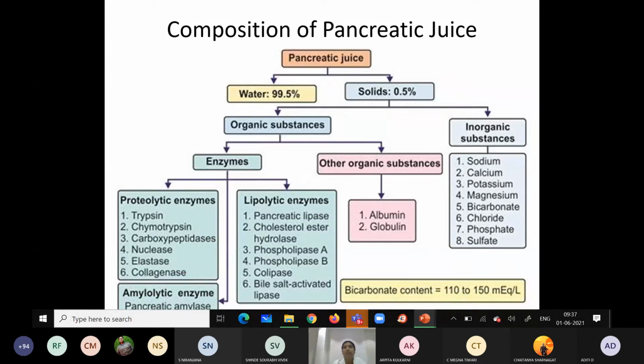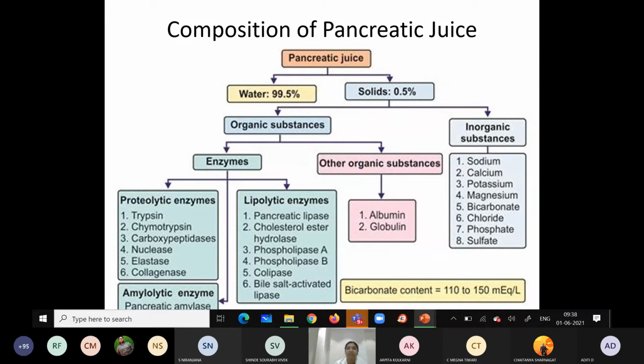But to put it another way, pancreatic juice depends basically on the digestion of lipids. So lipolytic enzymes come in first position, second is proteolytic enzymes, last is the amylolytic enzyme, because if you remember, the gastric juice basically concentrates on the digestion of carbohydrates and very limited proteins and fats, whereas pancreatic juice concentrates basically on the digestion of lipids and proteins, and last is carbohydrate. So this is the second important difference you must remember.